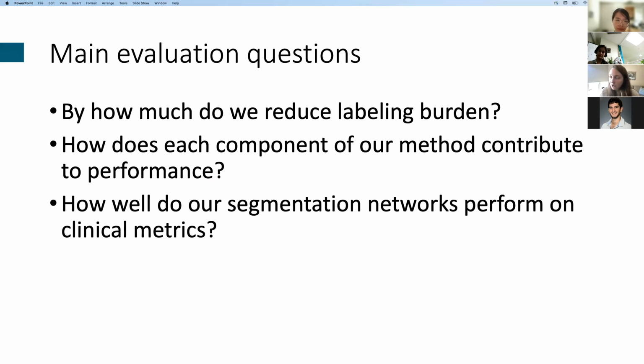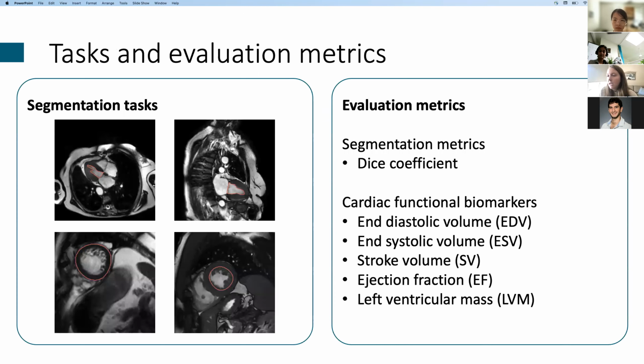How much is each one contributing to the final performance? And then the third question is, we wanted to evaluate the segmentation networks not just on typical segmentation metrics, so things like dice score or intersection over union, but we wanted to use them to compute things that doctors actually cared about.